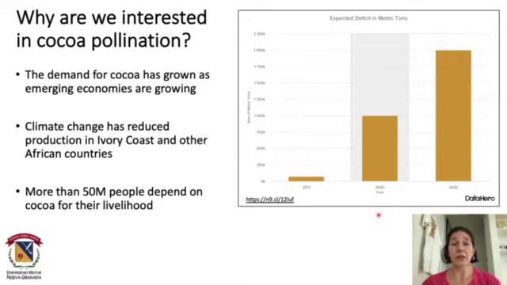Not only is it of economical importance, but also of social importance, as more than 50 million people around the world depend on cocoa for their livelihood. We will show you that there is a direct connection between cocoa production and cocoa pollination.